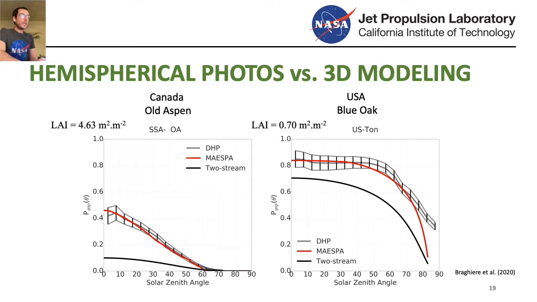Now, when we look at the P-gap, or the direct transmittance, calculated by the two-stream scheme, we see that for the dense site, the two-stream scheme underestimates direct transmittance quite a lot. And somehow for the Blue Oak Savanna.